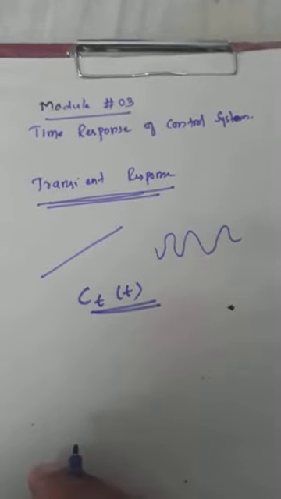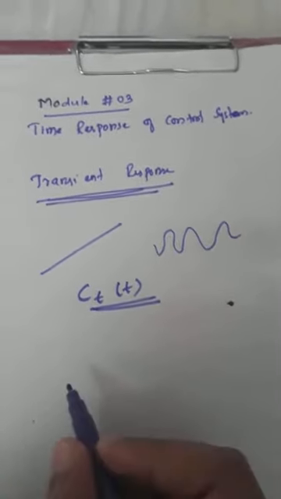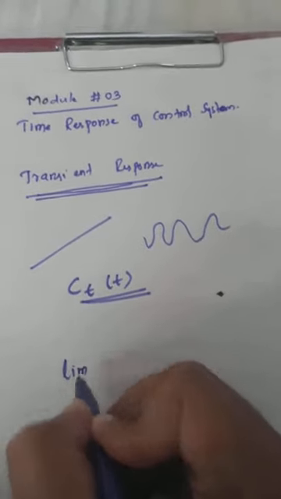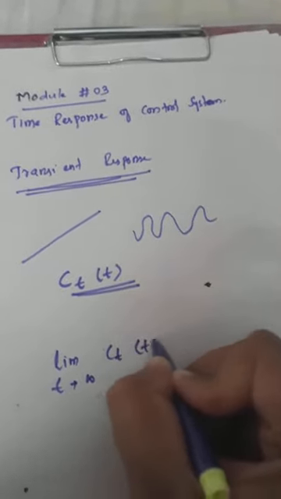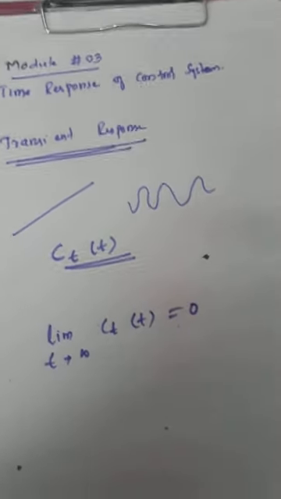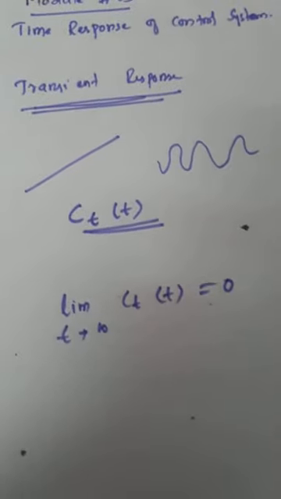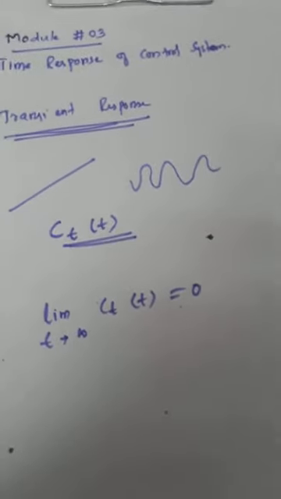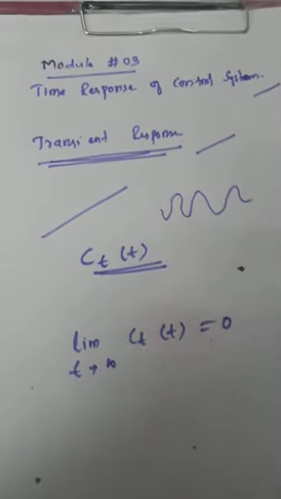Mathematically, for a stable system, it is given by limit t tends to infinity, Ct(t) equals 0. So hope now we are clear with time response and transient response.